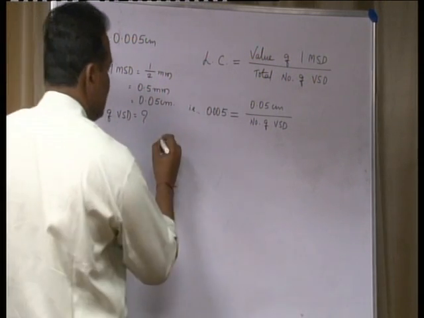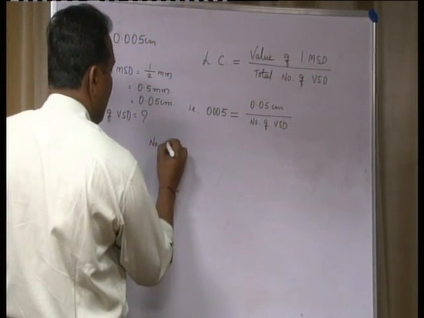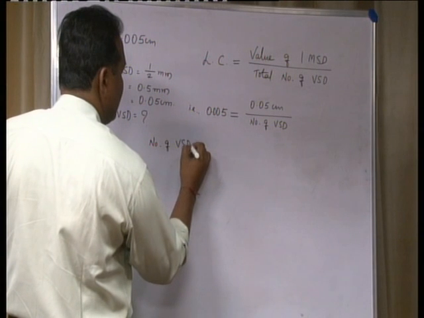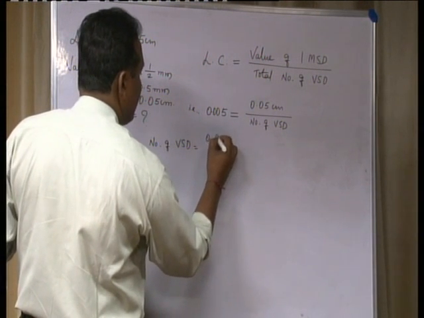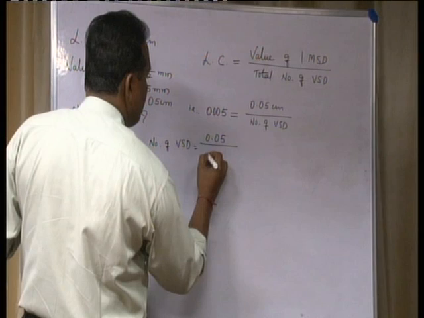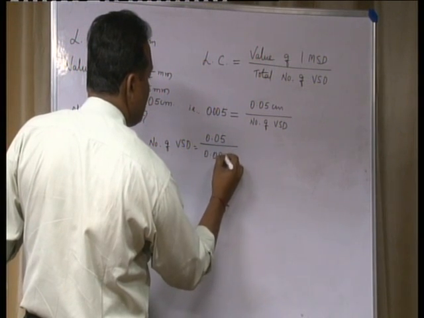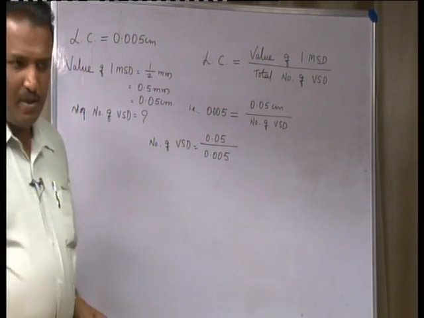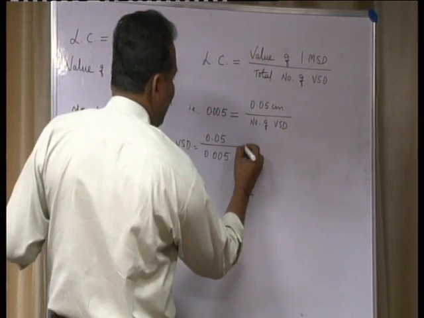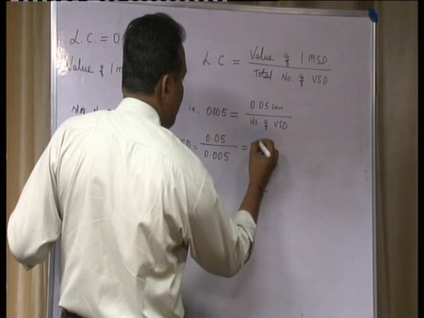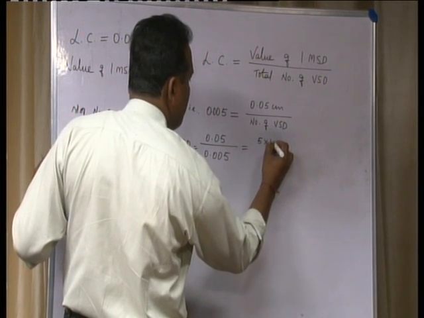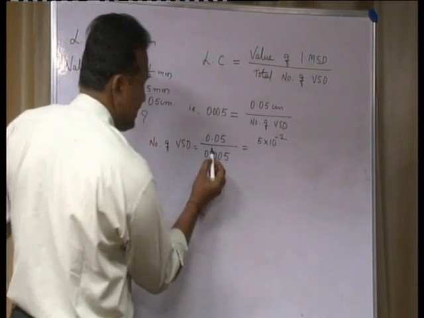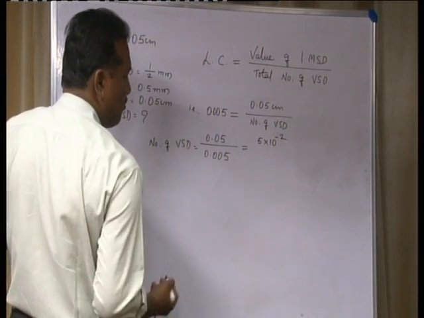So, just cross multiply it. Number of VSD is equal to 0.05 divided by 0.005 centimeter. Note that both are in the same unit. You can rewrite this as 5 into 10 power minus 2, because the decimal place is shifted by 2 positions.